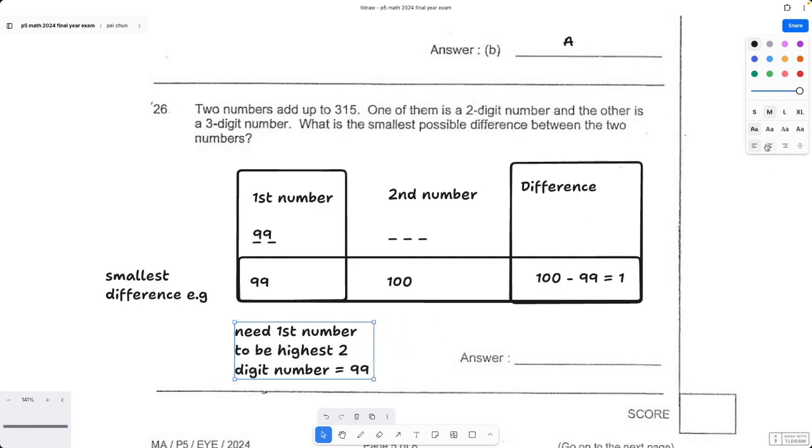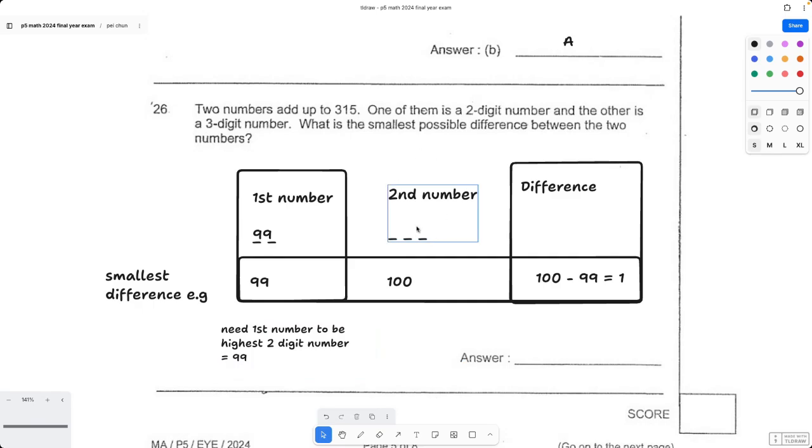Okay, 99. Then second number will be 315 minus 99. This will give us basically 315 minus 100 plus 1 is the same.